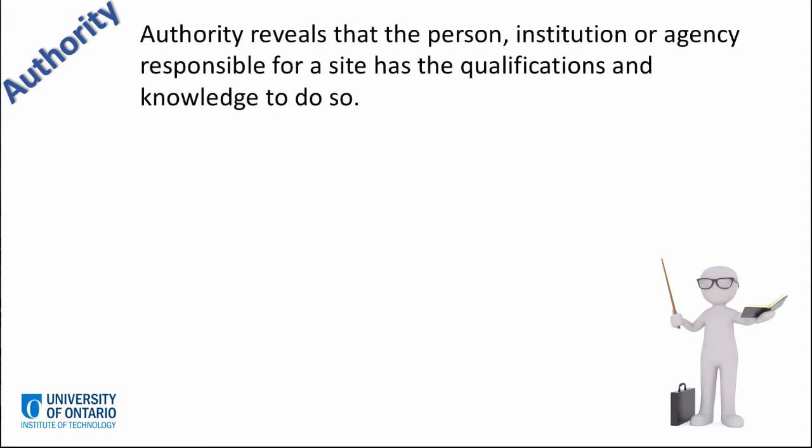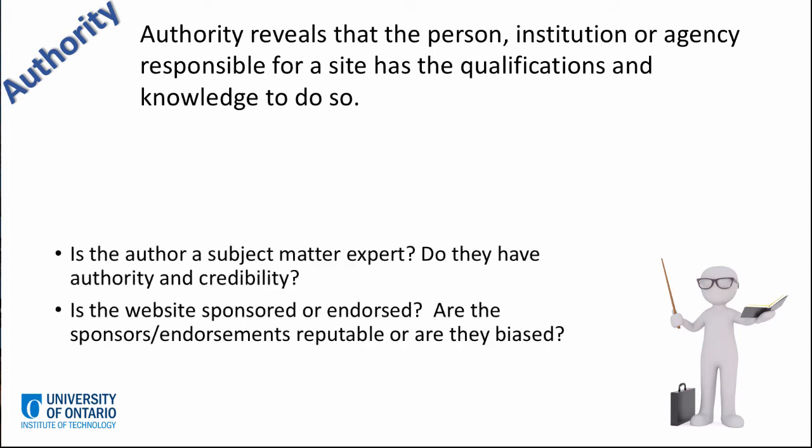Authority helps us examine who or what organization created the information. Here are two example questions we need to ask when we find information. Questions such as these need to be answered so we can look deeper into the qualifications of the author or the organization.